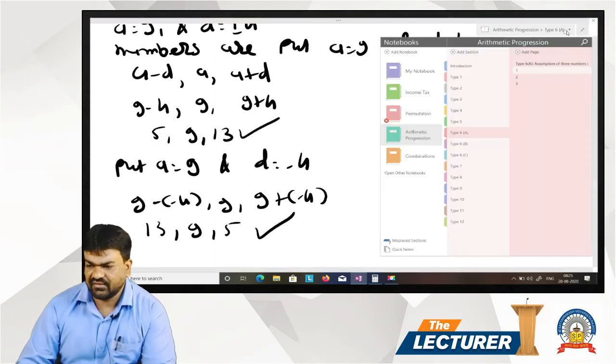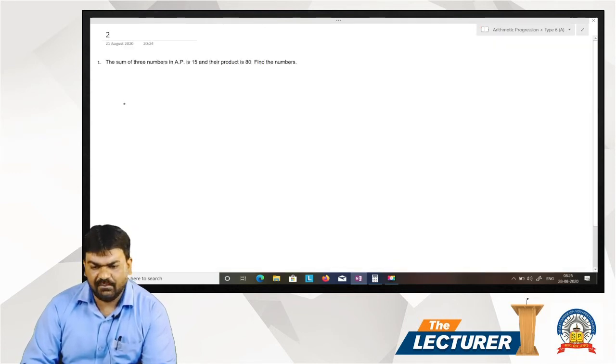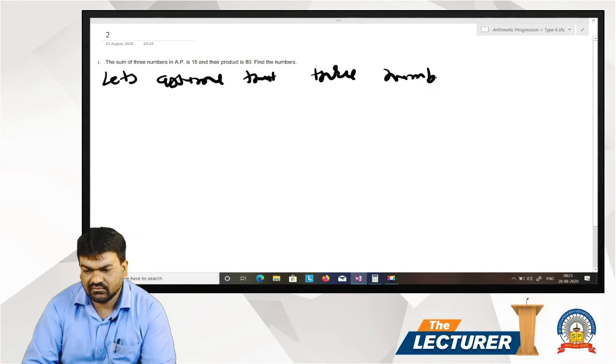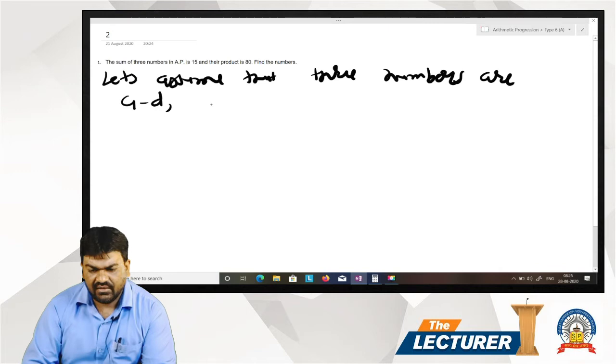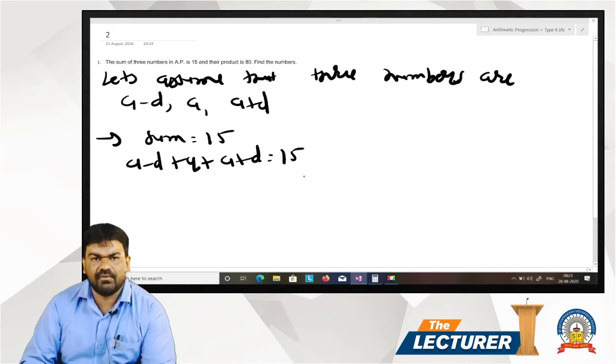Now next example number 2. The sum of three numbers in AP is 15 and their product is 80. Let's assume that the three numbers are A minus D, A and A plus D. Now sum of it is 15, that is A minus D plus A plus D is equal to 15.